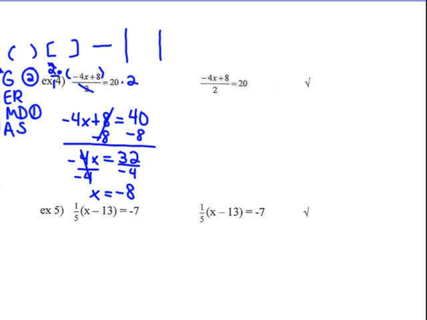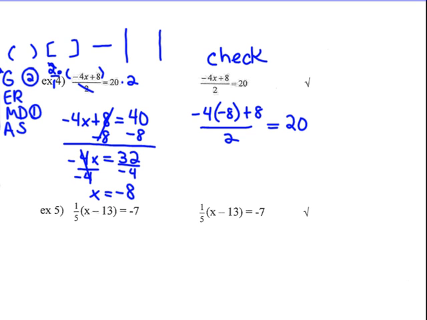I'm going to check this one. Check. Here's the equation already written for me. I believe the answer is negative 8. Divided by 2 equals 20. So I have negative 4 times negative 8 is positive 32.